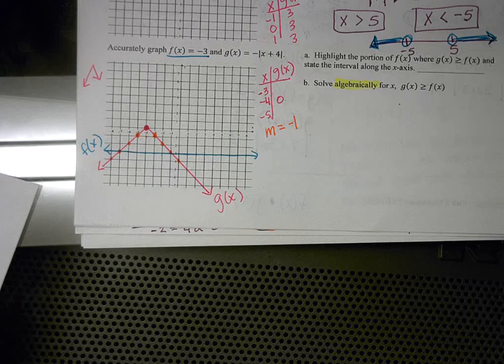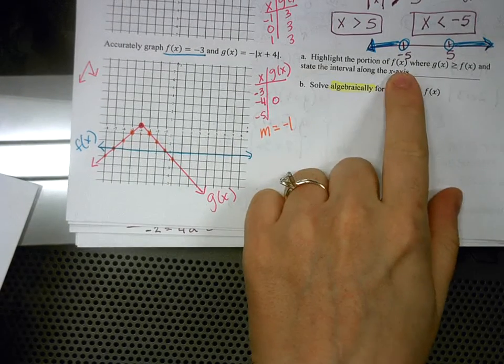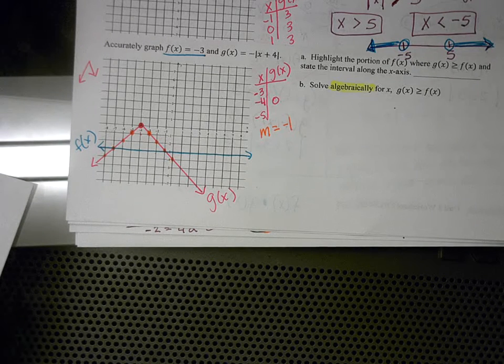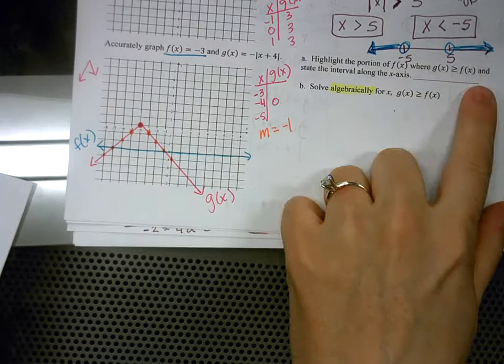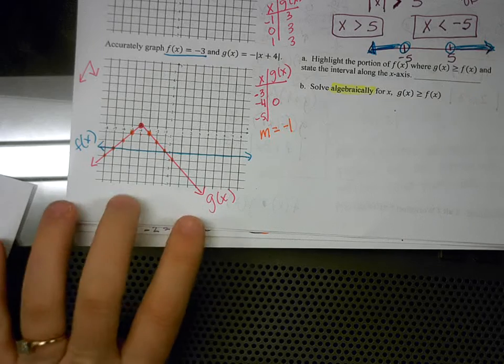So now we need to do part A, which is highlight the portion of f of x. We're only highlighting on the constant line. Highlight the portion where g of x is greater than or equal to f of x. So, where is g of x above f of x for which x values?